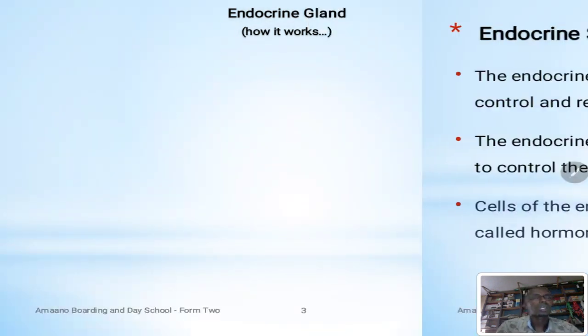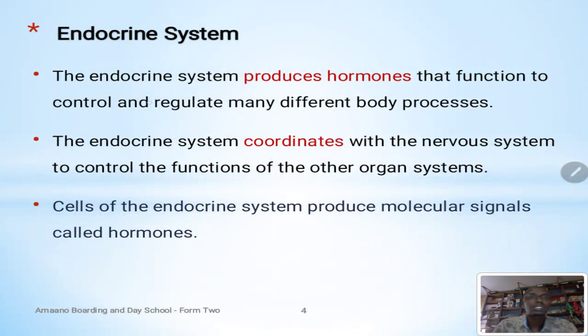The endocrine system produces hormones that function to control and regulate many different body processes. For example, osmoregulation takes place in the kidneys and is controlled by a hormone called ADH, antidiuretic hormone.